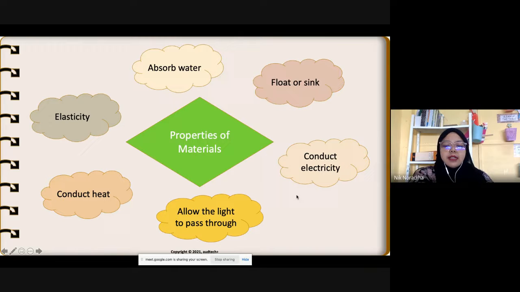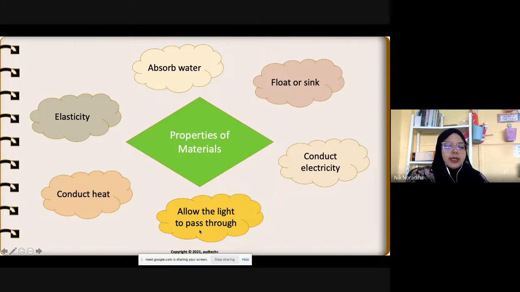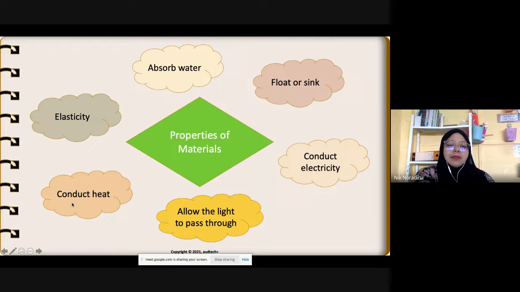Thank you, Ryan. Edina, read the fourth one, Edina. Allow the light to pass through. Okay. Adam Iman, the fifth one. Conduct heat. Okay, Amsha Khalis, number 6, last one.